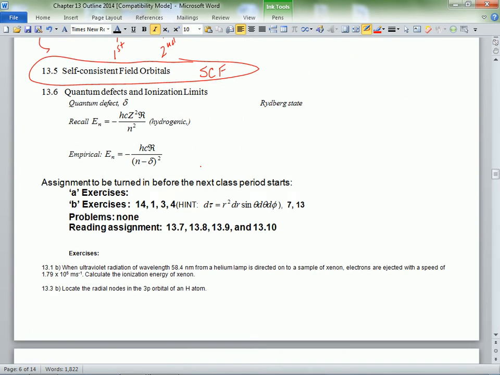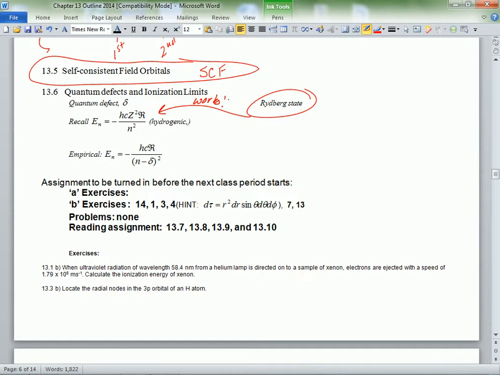Quantum defects. Okay. So we had our energy. Things aren't really changing too much. A Rydberg state is when this equation works.